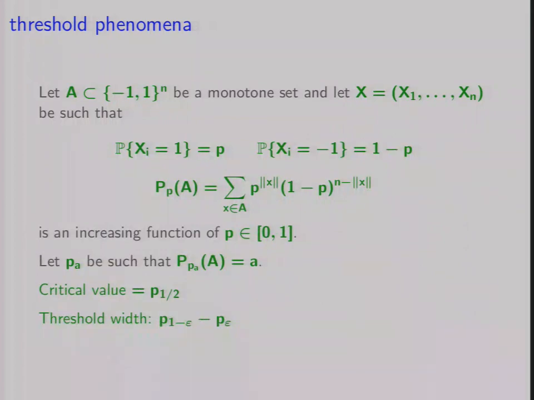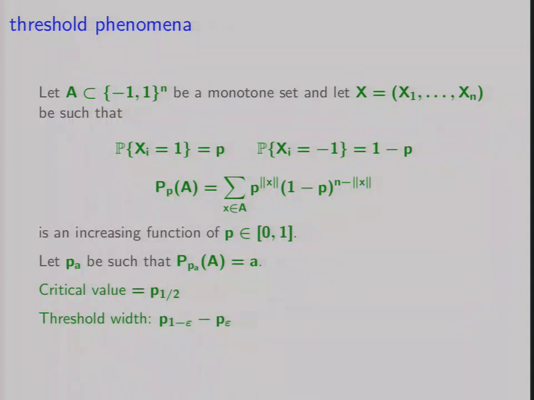So we have a monotone subset of the hypercube, and now take a random point in the hypercube, but now the distribution is not uniform, but it's a product distribution, right? So the probability that the ith component equals 1 is now p, and that it's -1 is 1 minus p. So now everybody flips a biased coin, right?